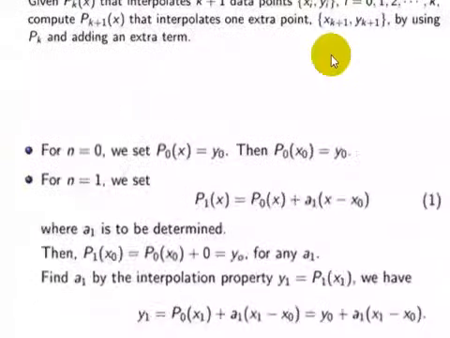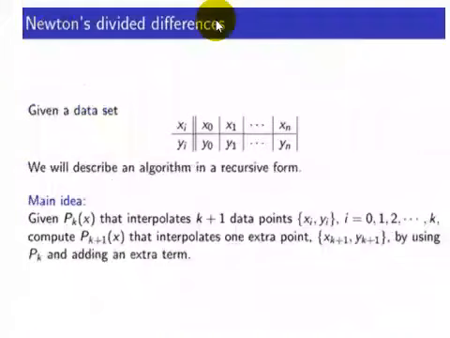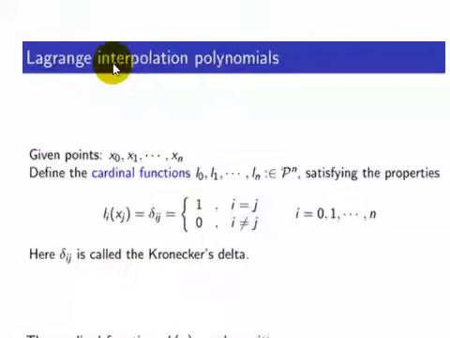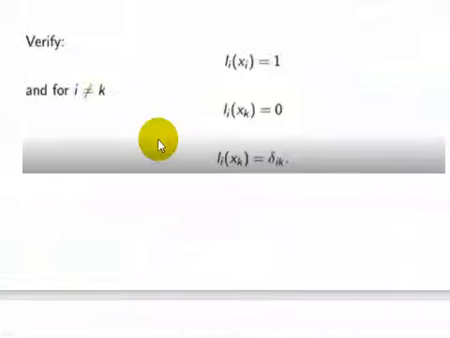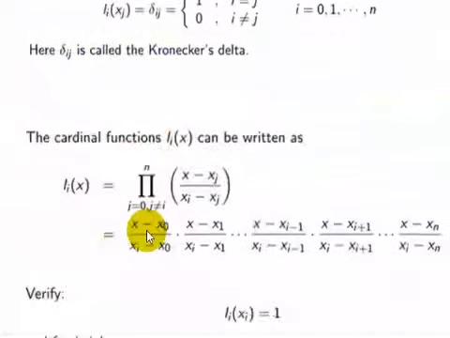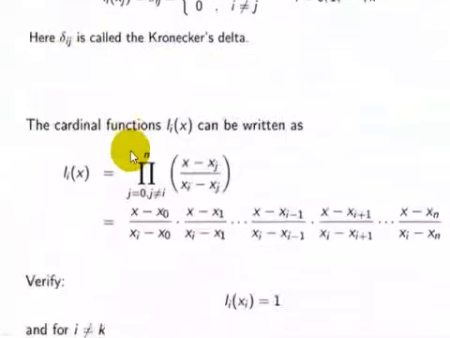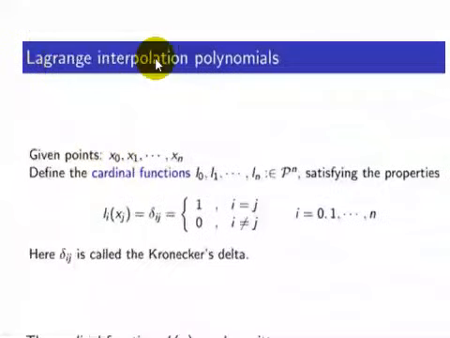That's the advantage of Newton's method. But with Lagrange interpolation, if you want to add another point, you have to recompute these cardinal functions. That's the bad thing about the Lagrange interpolation method, right?